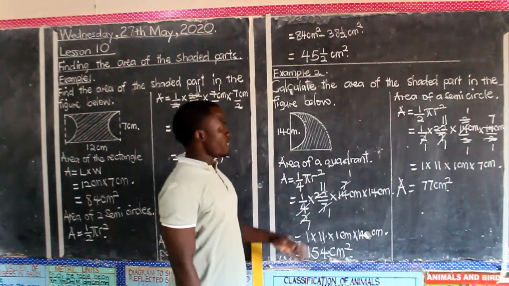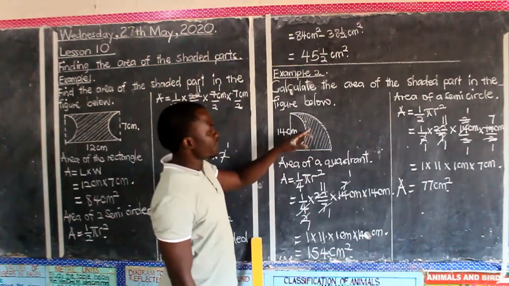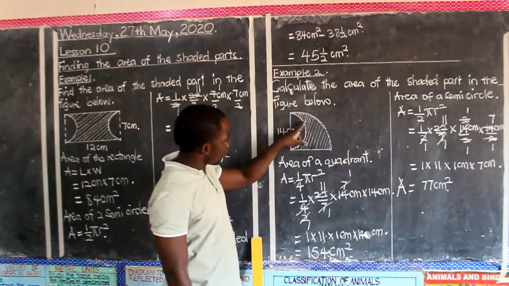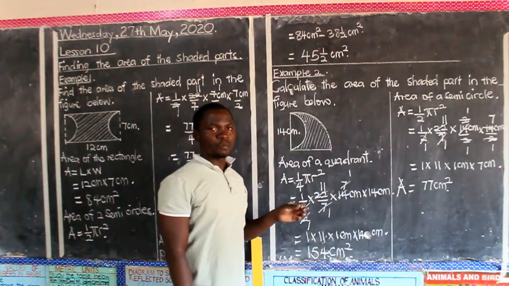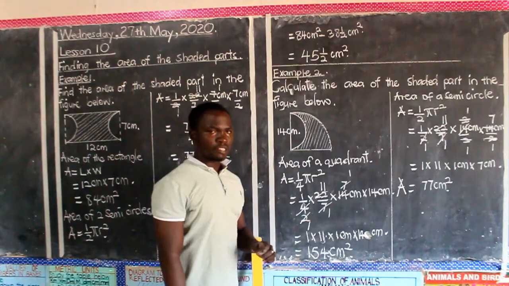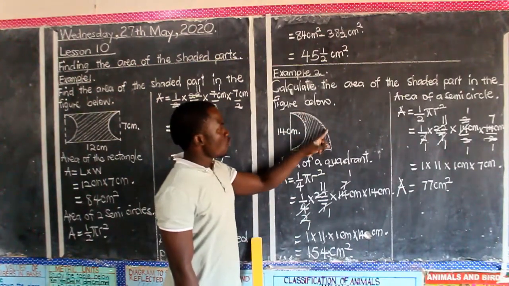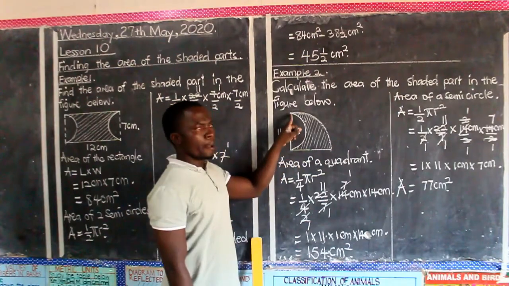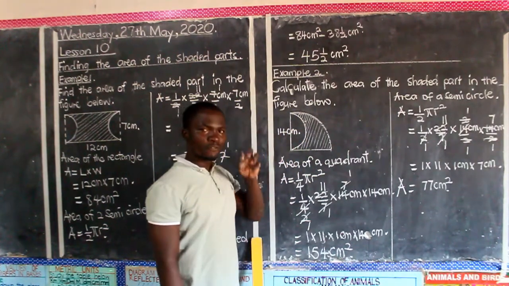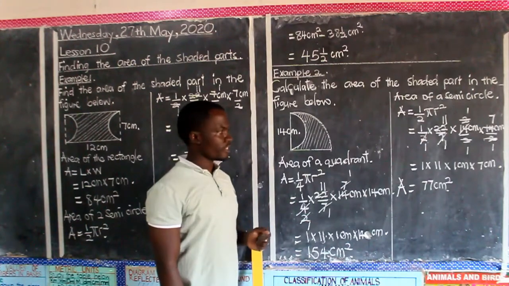Now, for us to get the area of the shaded part, get the area of the outer figure minus the area of the inner figure. I repeat that statement. To get the area of the shaded part, get the area of the outer figure minus the area of the inner figure. As simple as that.